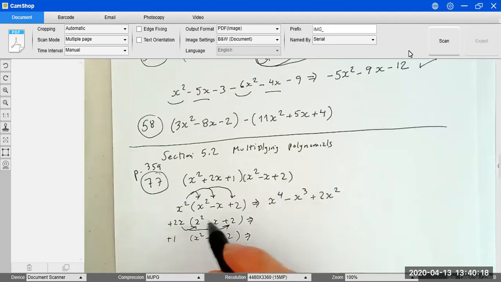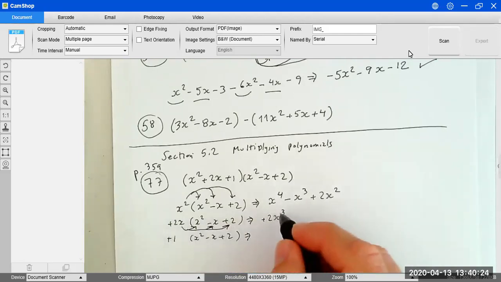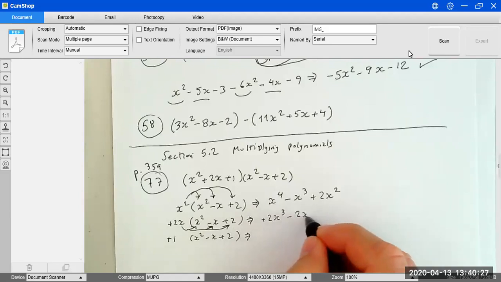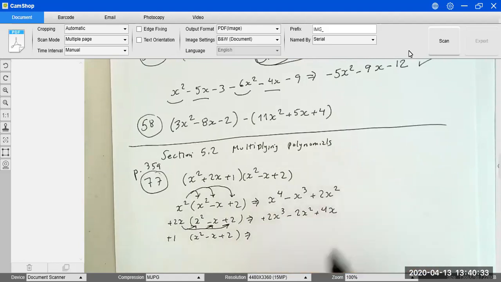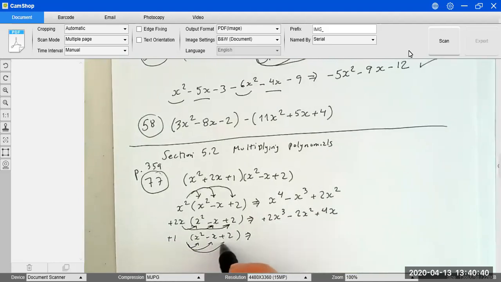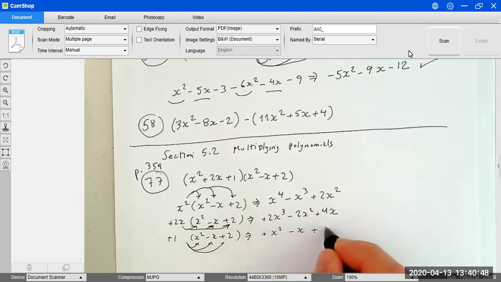So 2x times x squared is going to be 2x cubed. 2x times negative x is going to be negative 2x squared. And finally, 2 times 2x is going to be 4x. And the last product is going to be just 1 that multiplies every term inside of this parenthesis. So this is going to be just x squared minus x plus 2.